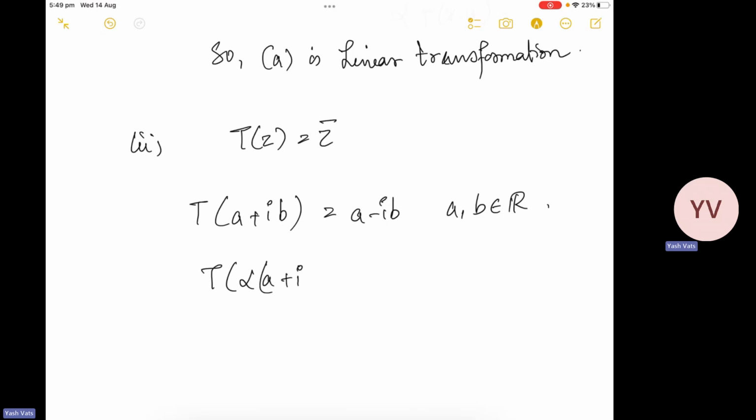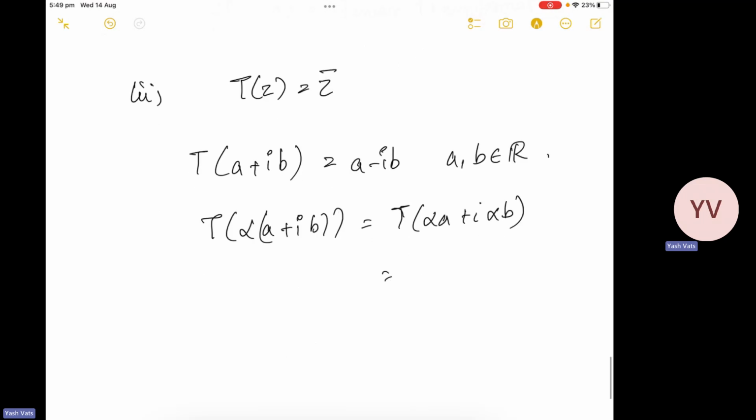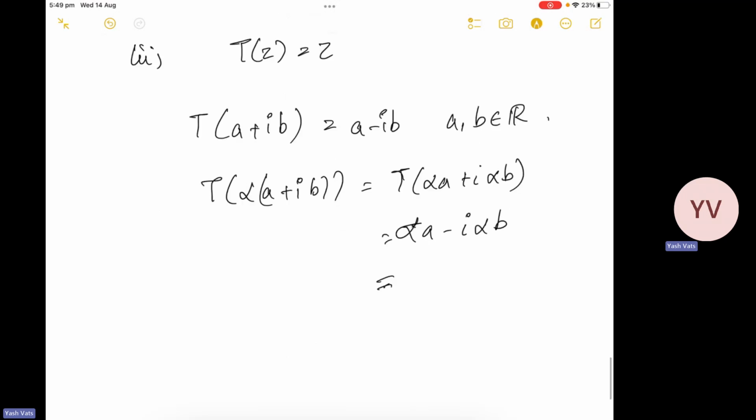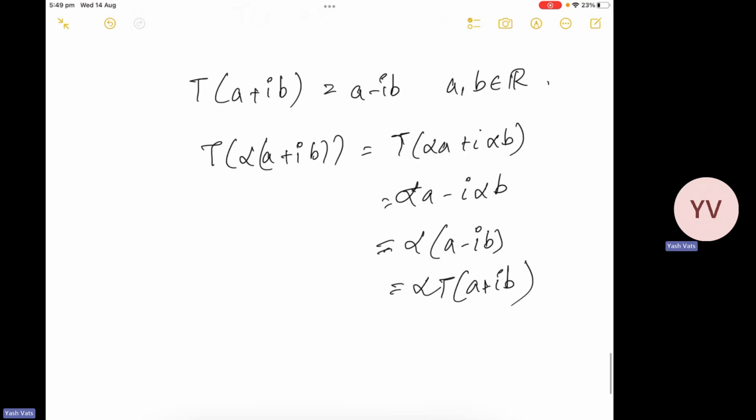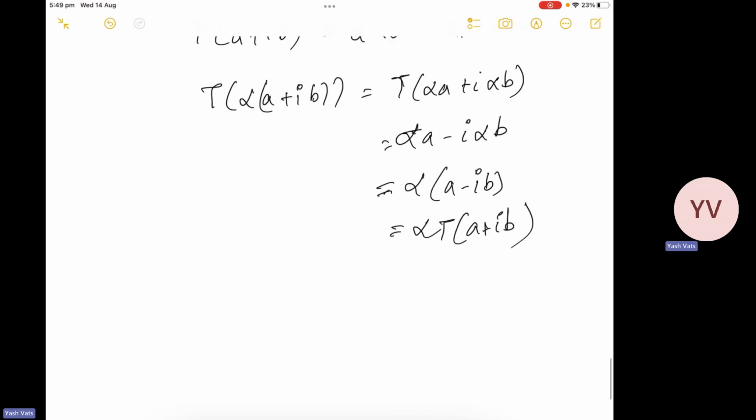T of alpha (a plus ib) is the same as T(alpha a plus i alpha b), which is alpha a minus i alpha b, which is the same as alpha (a minus ib), which is alpha T(a plus ib). So the second property is satisfied.